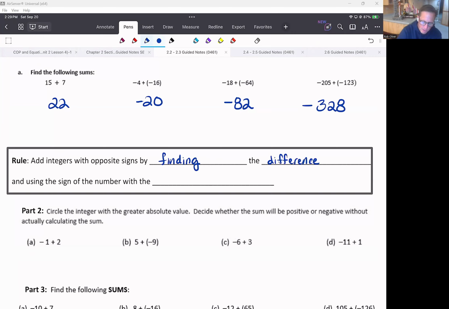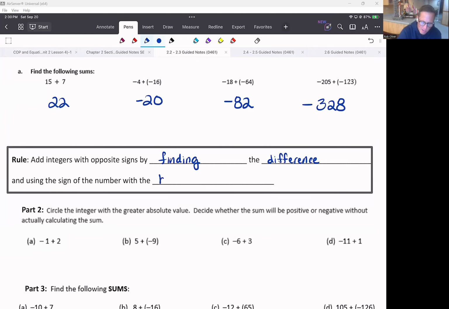All right, and then deciding what the sign of the answer is going to be: unlike the last problems we just did, where we kept the signs because they were both the same sign, when they have opposing signs, we keep the sign of the number with the higher absolute value.